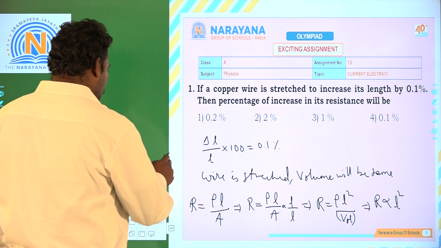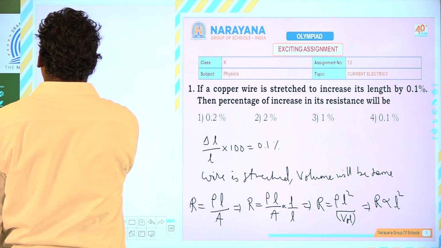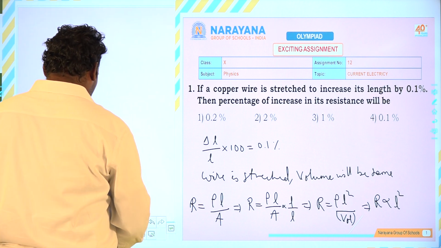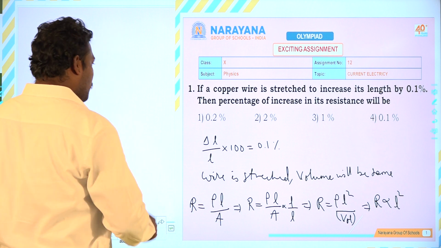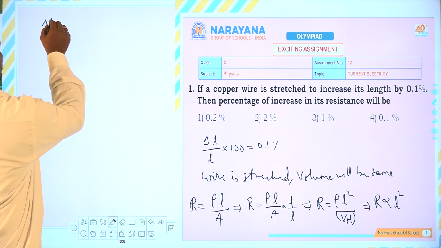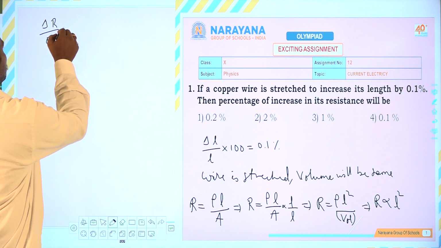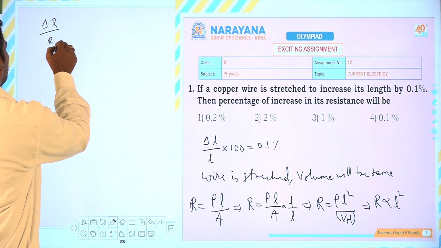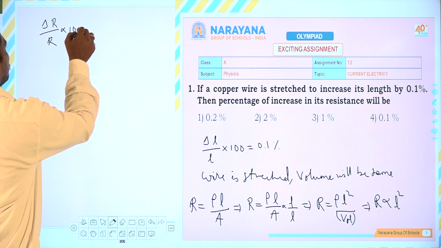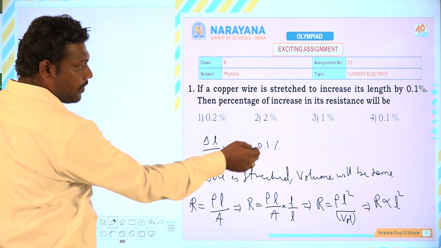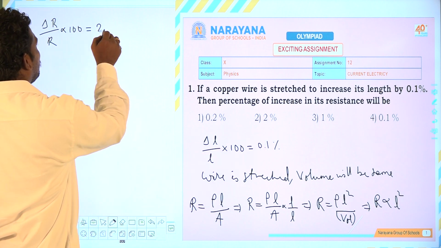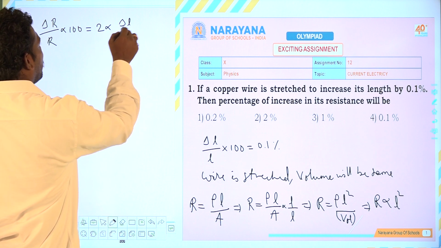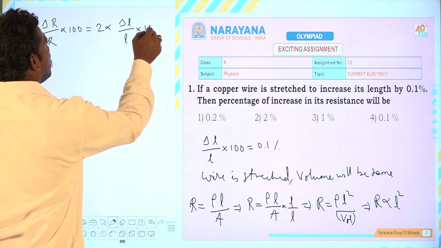So if I get into the percentages, the percentage change in resistance equals, as the power is raised to 2, 2 into the percentage change in length.